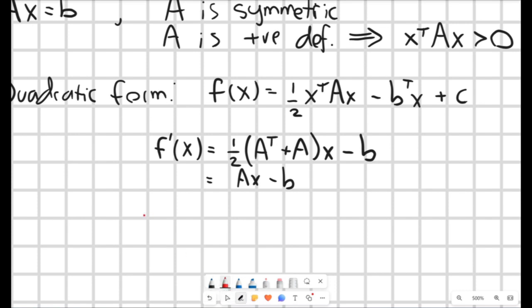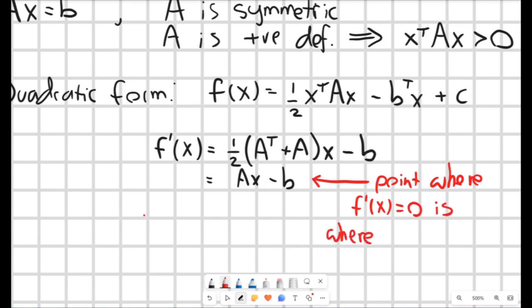Okay, so if you set this gradient equal to 0, then what we're saying is that the point where the gradient with respect to x is equal to 0 is where Ax is equal to b, i.e. it's the value of x where this holds.